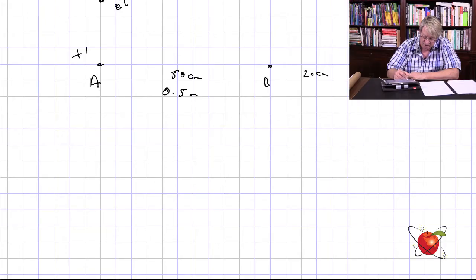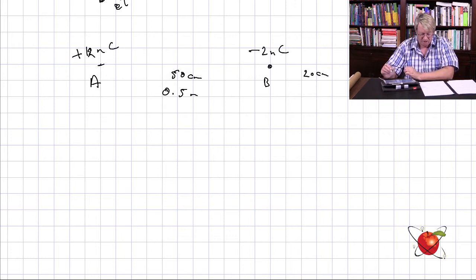First of all, let's have a look. We've got a charge here of 12 nanocoulombs at A, and at B we have a charge of minus 2 nanocoulombs.